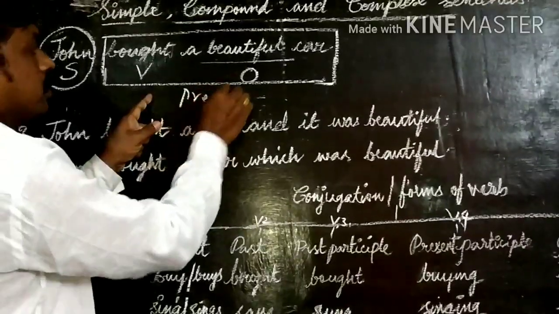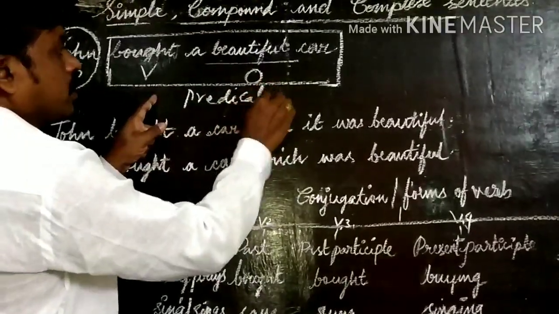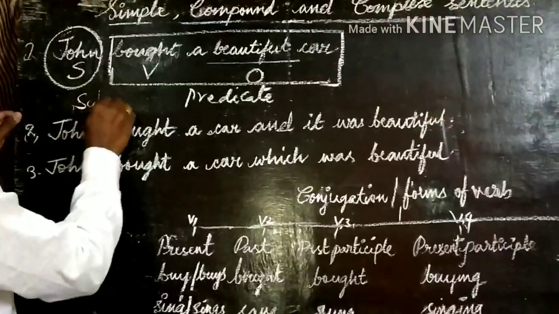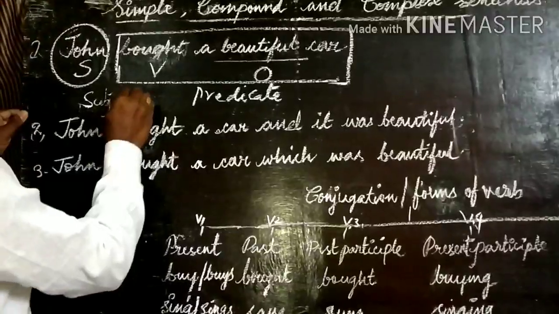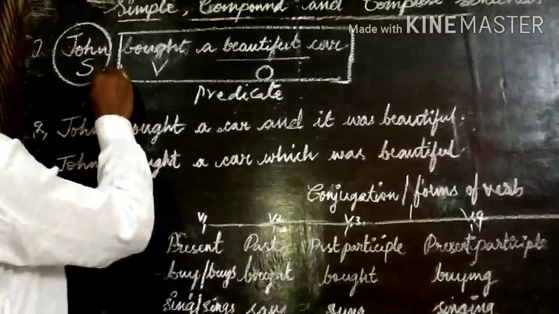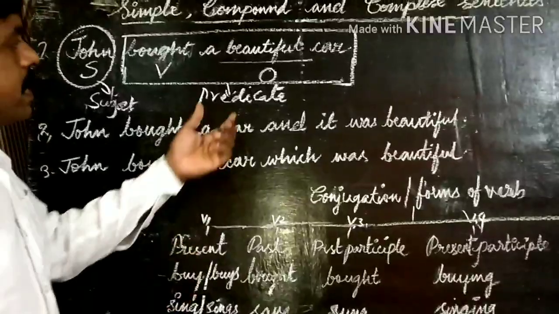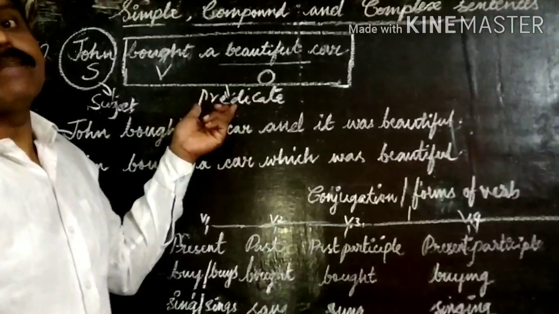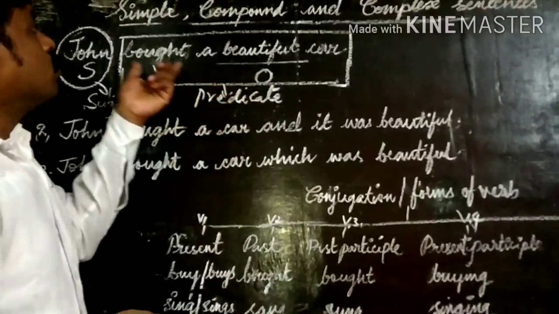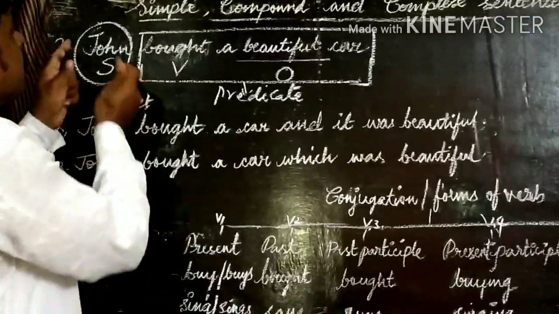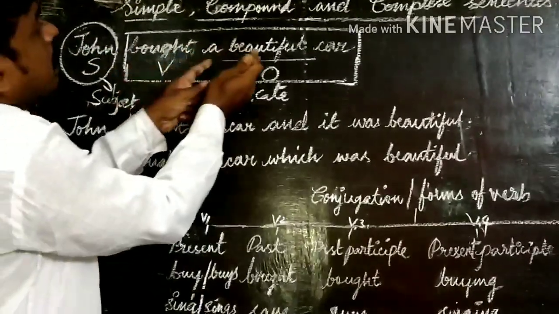So the sentence consists of two parts, that is subject and predicate. A predicate is otherwise called a verb part. It begins with the verb. See, John bought a beautiful car.